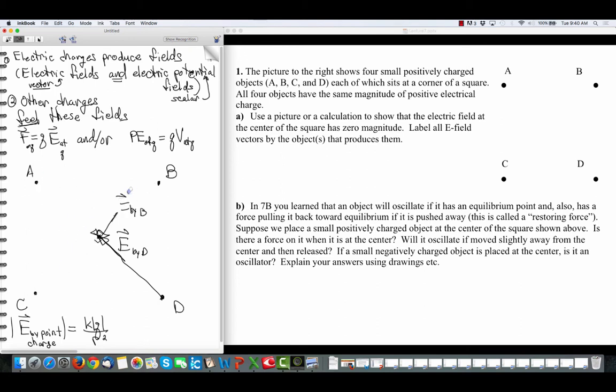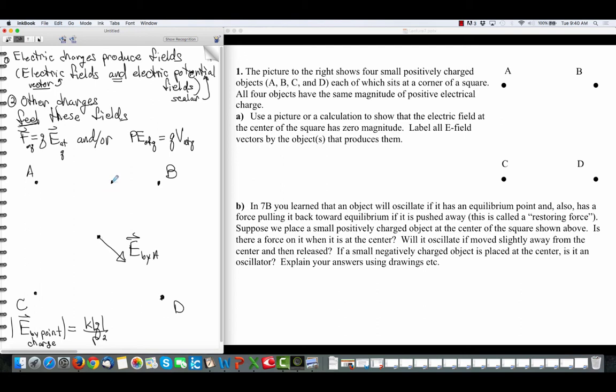I mean, if I want to draw vectors due to A, electric field by A, then there I could draw the electric field like that. What about some other location?